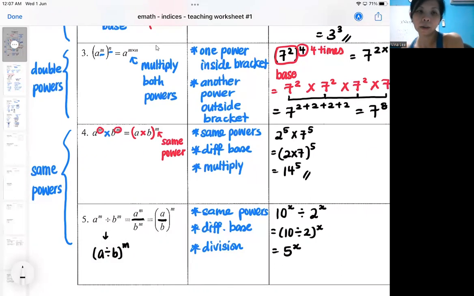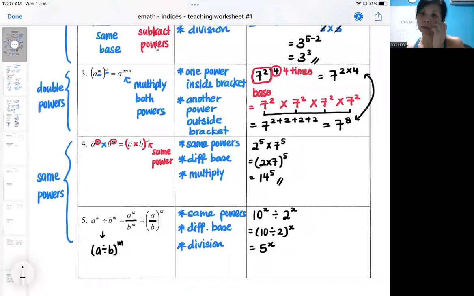So all in all, when we go to a certain rule, they will tell us to do a certain thing. But we go to the rules according to the features of same powers or same base. But if you don't have same base or same power, you don't have any rules to go to.